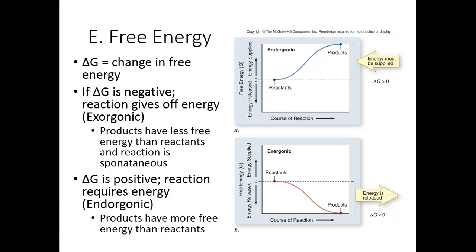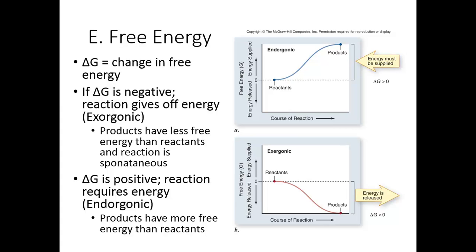Okay, so a change in free energy, this sign, the triangle, is the Greek letter delta, and delta G means change in free energy. Okay, so in a reaction, if the change in free energy is negative, that means the reaction is giving off energy.